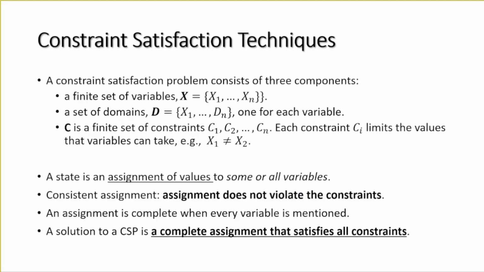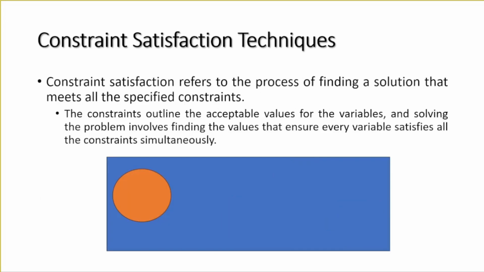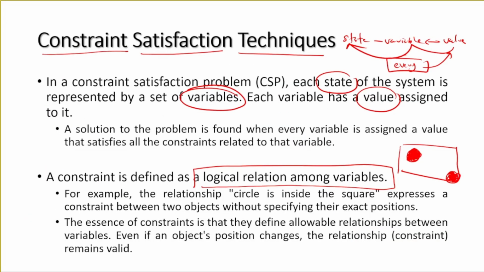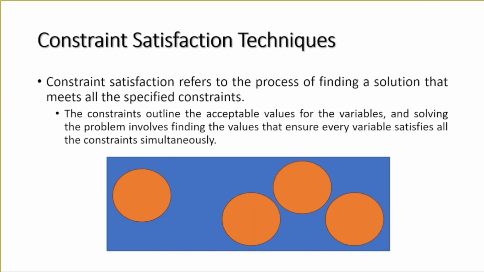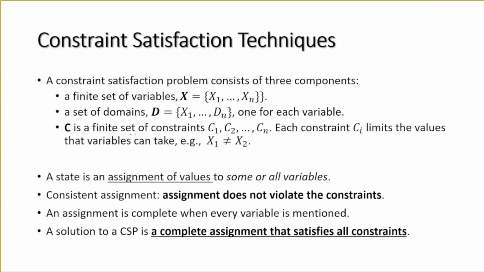Okay. So right. A constraint satisfaction problem consists of two components, as I mentioned earlier, about the state, variable, and value. Okay. So variable, and this is the domain of state, and this is the value. Oh, sorry. So this is T, guys.